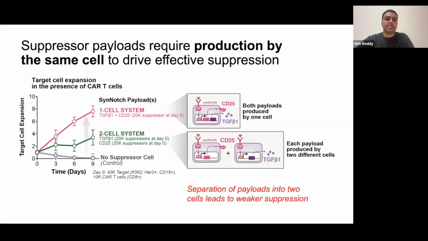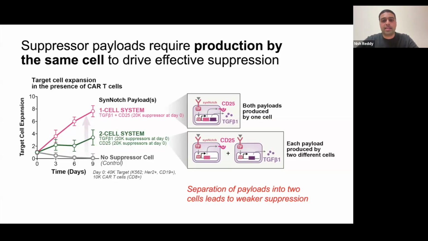So to test this hypothesis, what we did was we separated out these suppressor cells such that CD25 and TGF-beta are not present in the same cell, but rather they're expressed by two different cells. So do these two separate cells act just as well? And what we find is that that's not true.